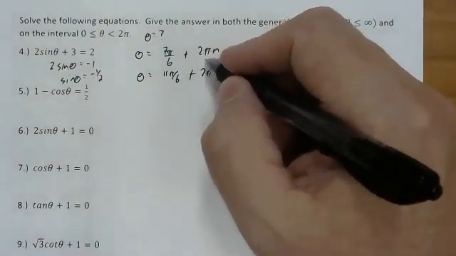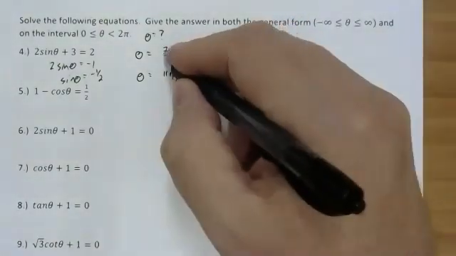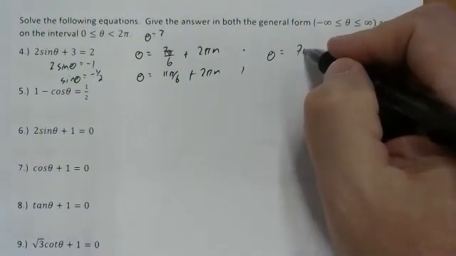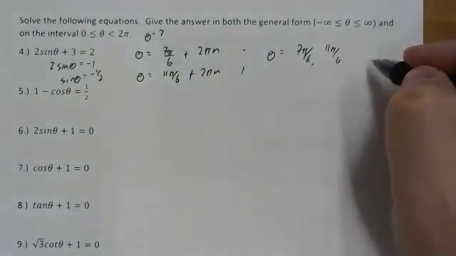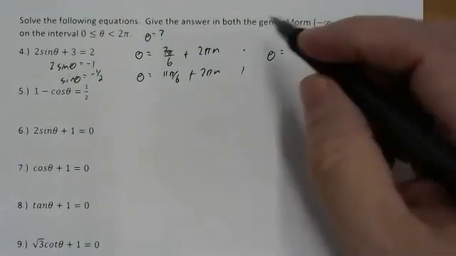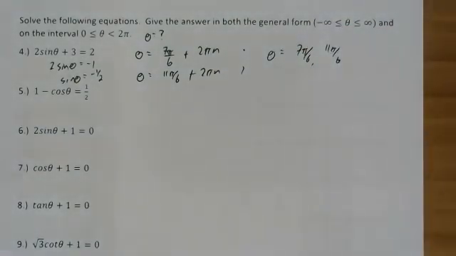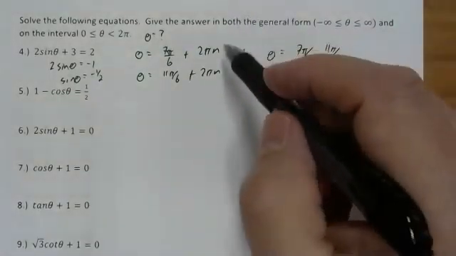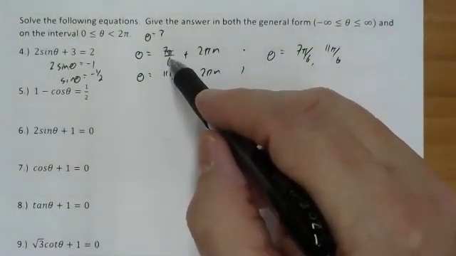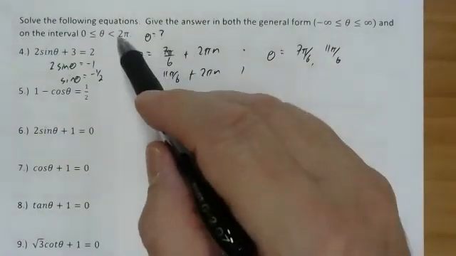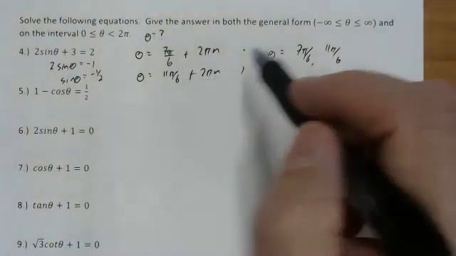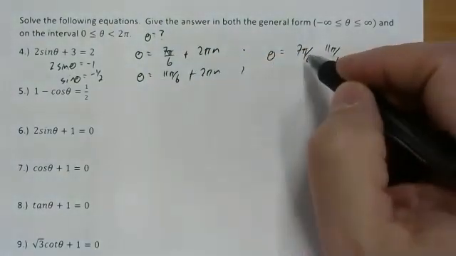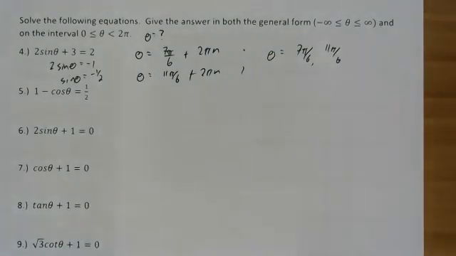So when n is 0, for the first one I get 7 pi over 6. And then I get 11 pi over 6. If I plug in n equals 1, I get 2 pi plus 7 pi over 6. Well, obviously, that's going to be outside of my allowed angle, and the same thing here. So the general solution, specific solution.